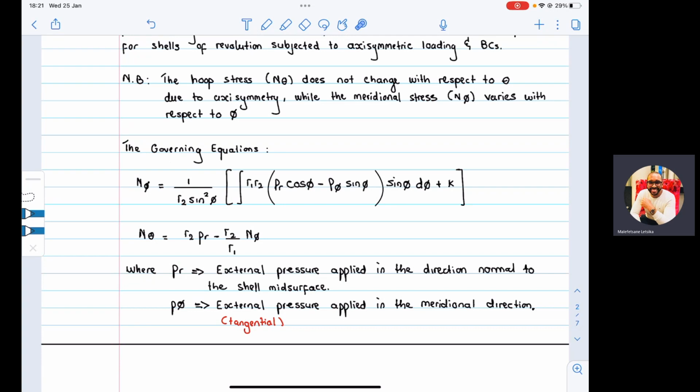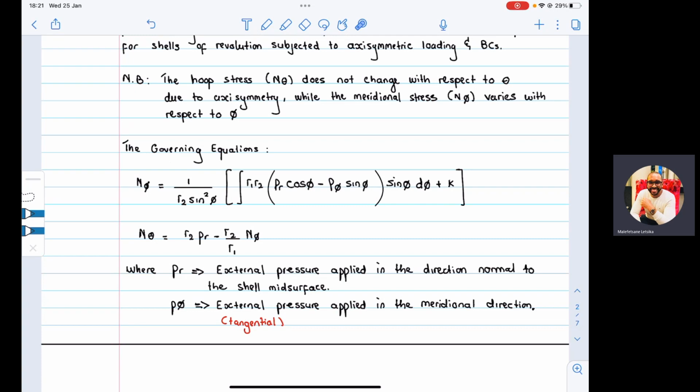Okay, these are your governing equations, and I could tell you they are extremely important in the derivations of these stress resultants, because they fit anywhere, whether you're dealing with a spherical tank, a conical vessel, a spherical vessel, an elliptic vessel, and vessels that assume an elliptic shape.